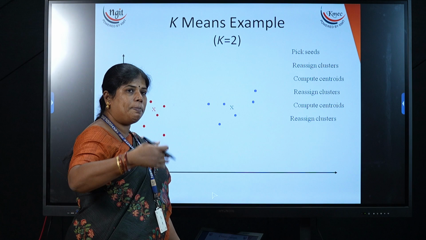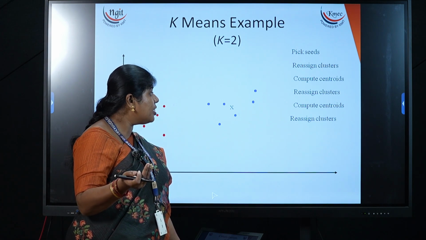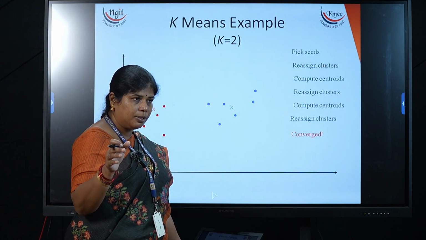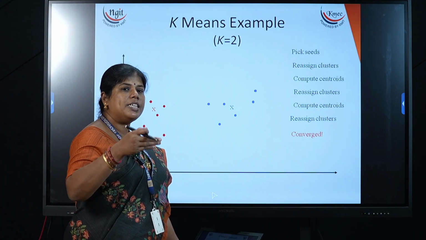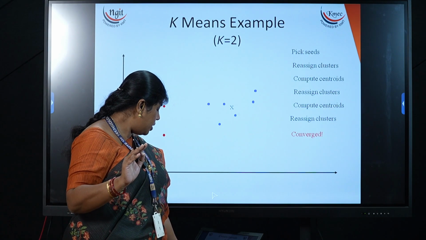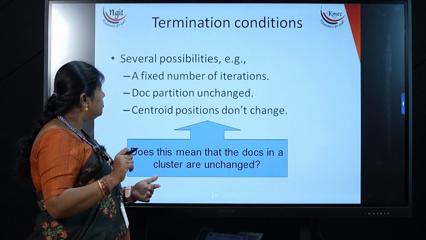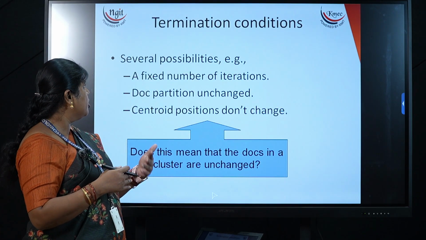This repetition of computing the centroid and reassigning to the clusters is called converging of the K-means algorithm, meaning you have reached a stop point in which the documents are perfectly divided into clusters. Now, till what point will you keep repeating your steps?